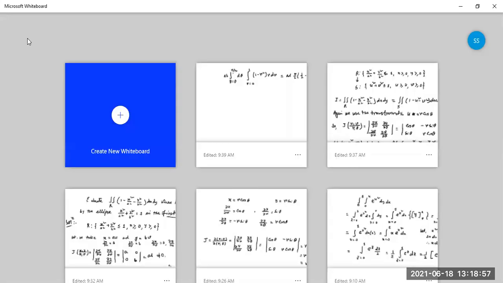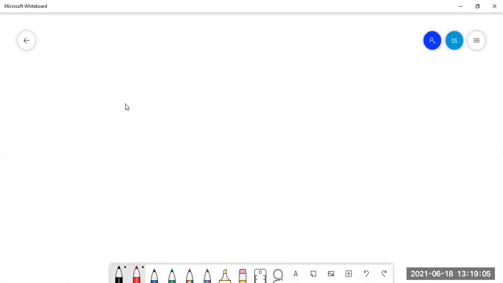So today we are going to learn the graphical method of solution of game theory. Using the graphical method we can solve game theory problems. So we are going to start our class.